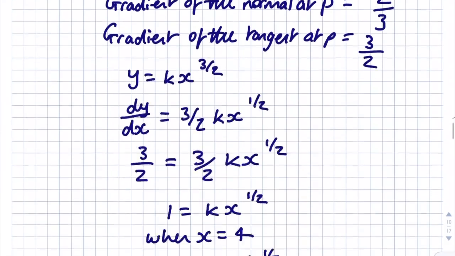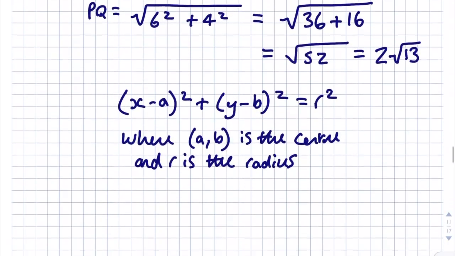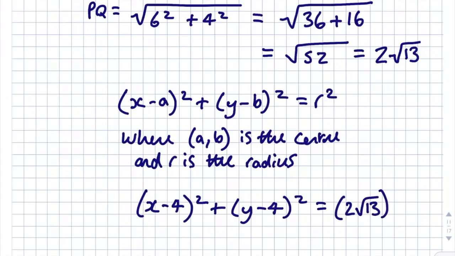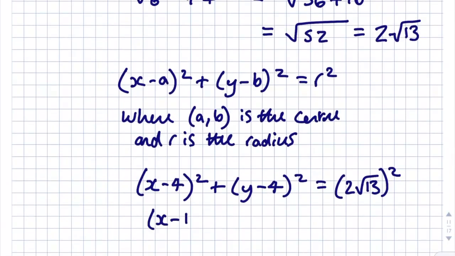We're told that the centre is at P, and P has coordinates 4, 4, so it's going to be x minus 4 all squared plus y minus 4 all squared equals r squared, which is 2 root 13 squared. If you simplify that, you get x minus 4 all squared plus y minus 4 all squared equals 52. And that is our final answer.